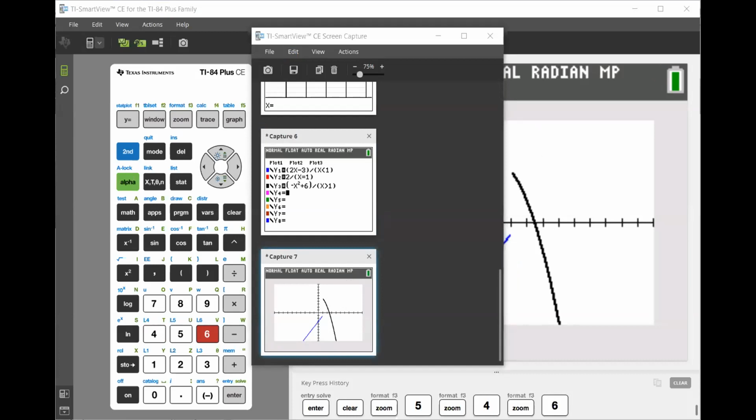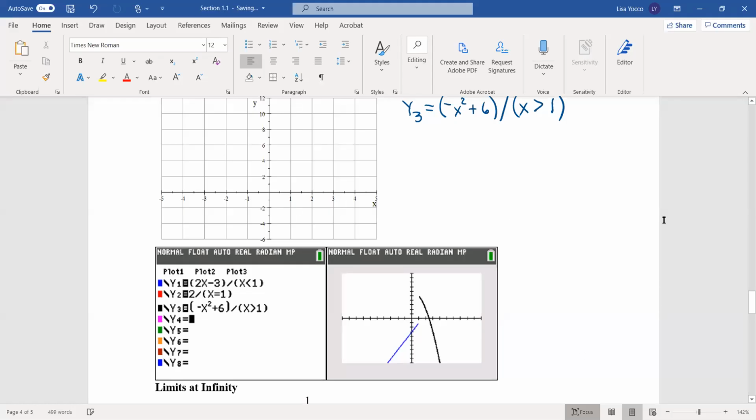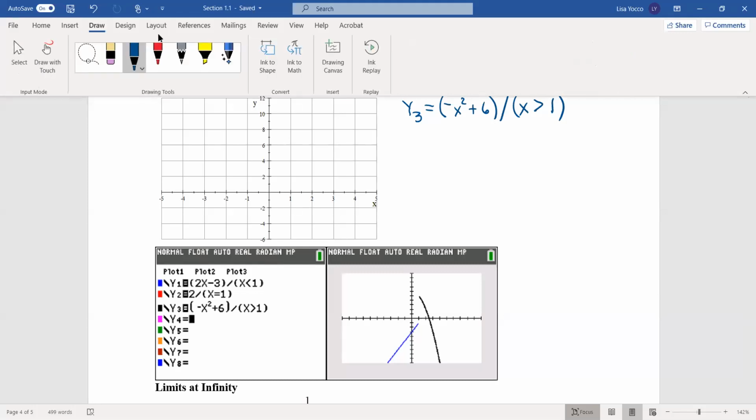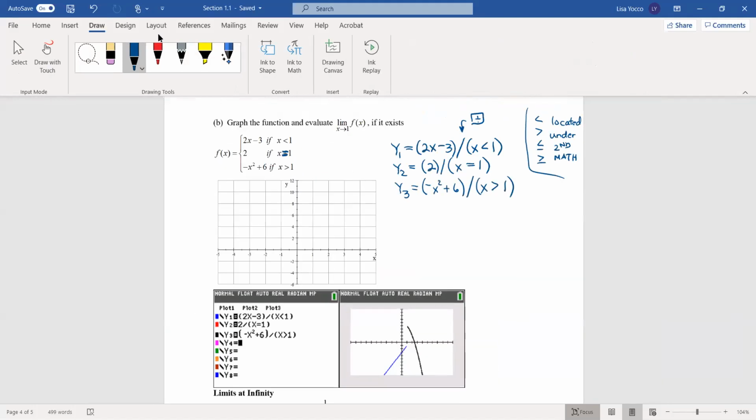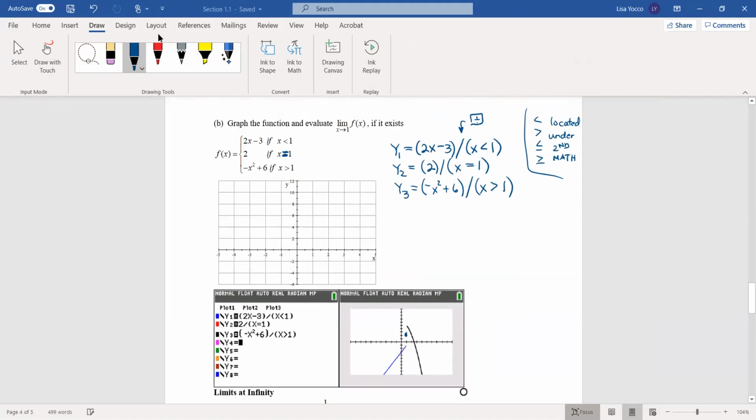All right, so I'm heading back over to my document. You should see my Word document now. And let's see. Ooh, there's a little point right there that I wanted to be in red.